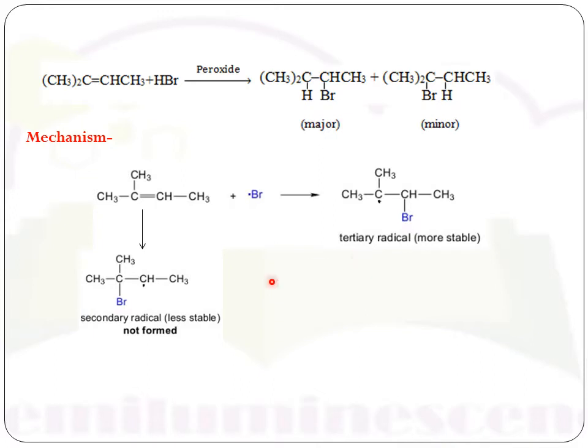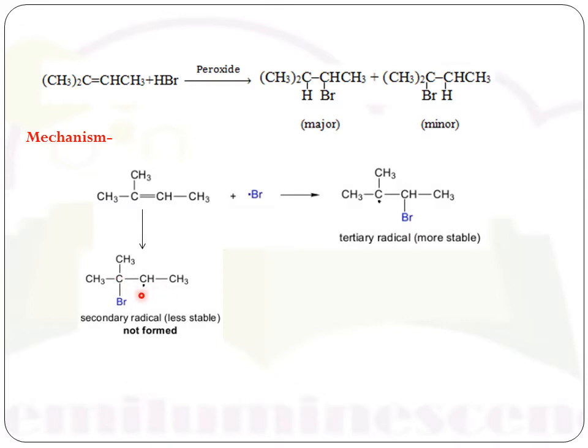If you observe the stability of these two radicals, the radical is present on this carbon atom which already has a methyl group and one CH carbon. That means it is bonded with three carbon groups, hence it is a tertiary radical. If you observe this radical, which is bonded with two carbon atoms, hence it is a secondary radical.